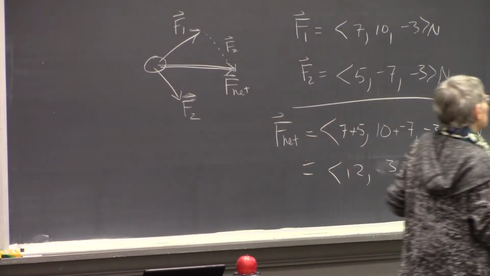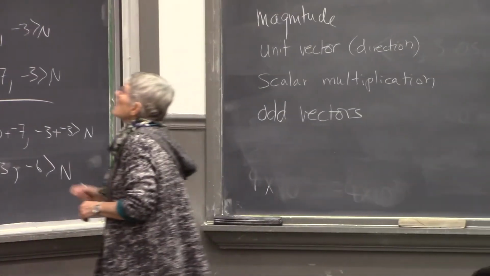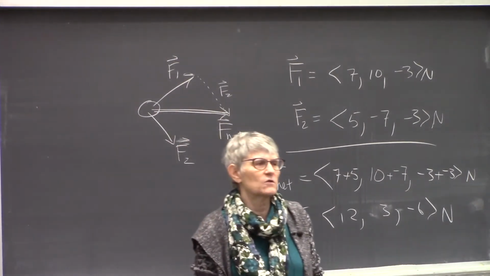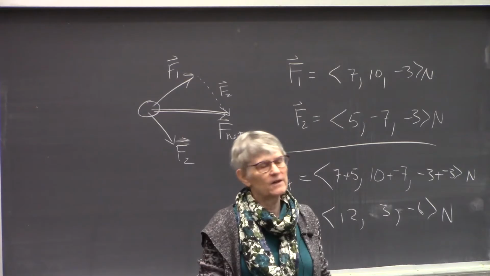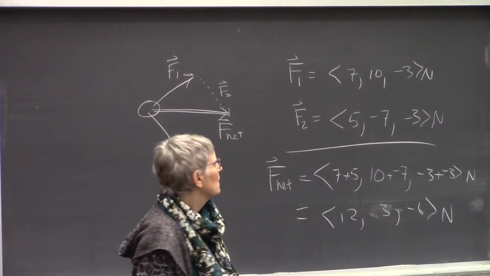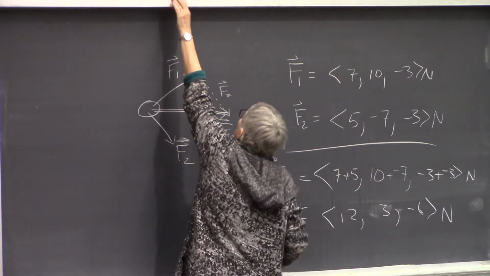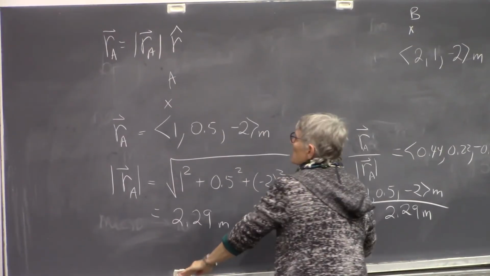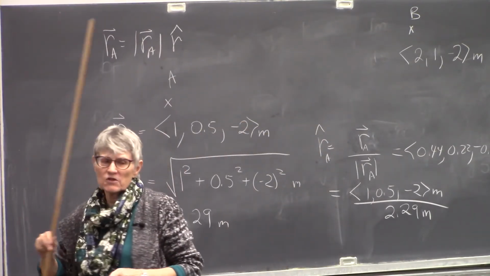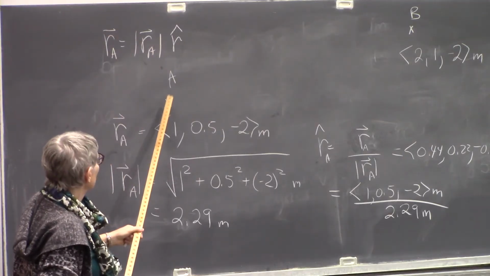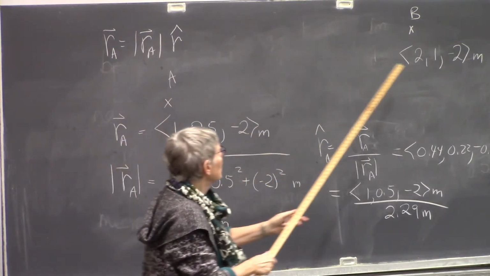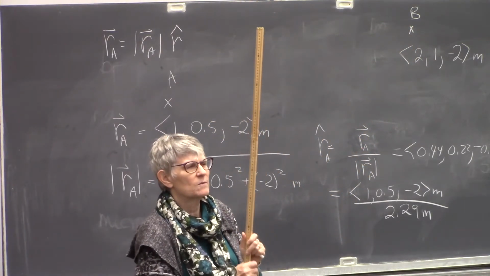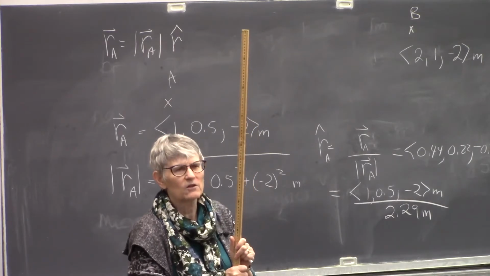We can also subtract vectors. And one important use for vector subtraction is to find a relative position. So in our example here, we know the position relative to the origin of location A, and we know the position relative to the origin of location B. But the question is, what's the position of location B relative to location A?